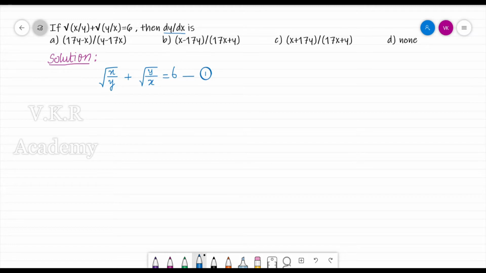Now differentiating both sides with respect to x, this we can do by applying the quotient rule.